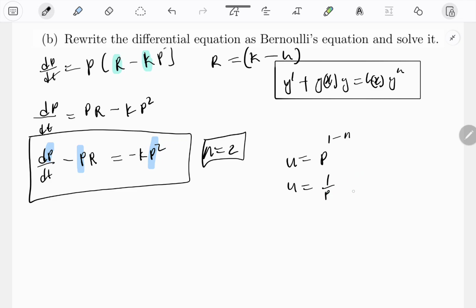So u equals p to the negative 1, which is the same as p equals 1 over u. Then I can differentiate both sides. If I differentiate this, I'll get dp dt equals negative u to the negative 2, du dt.